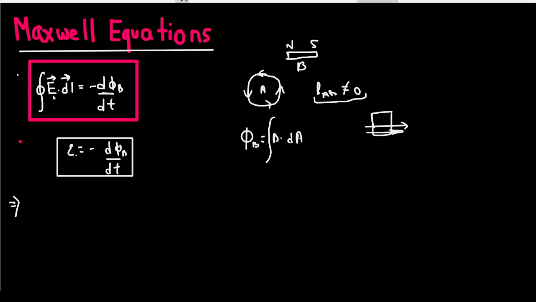We studied that the line integral of E·dl is equal to zero. But what is happening here? Why is it not zero?